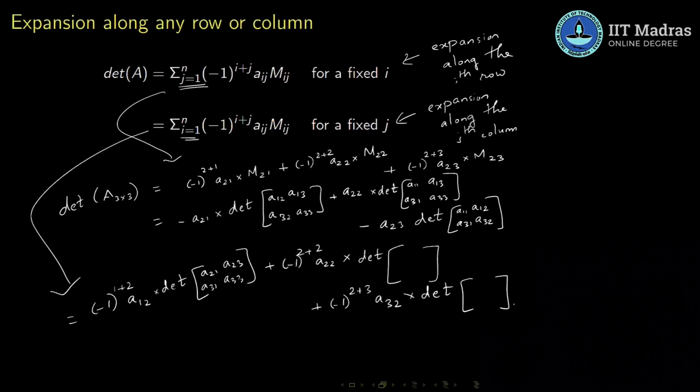Okay. So this is what we mean by expansion along any row or column, and it is a fact that the determinant can be computed in any of these ways and it remains the same. So there is nothing special about the first row of the matrix. That is how we define it.